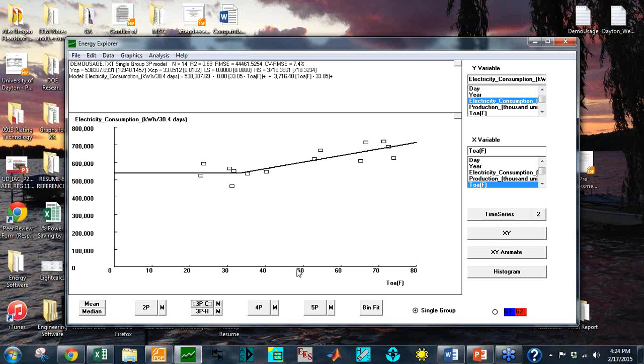Now that's a really low balance temperature. We'd rather see something around 50 or 60. So we might go in and say, okay, what's going on here? Why is this balance temperature so low? Are you simultaneously heating and cooling? Is there a process that needs cooling all the time and this isn't really showing us what we need to know?